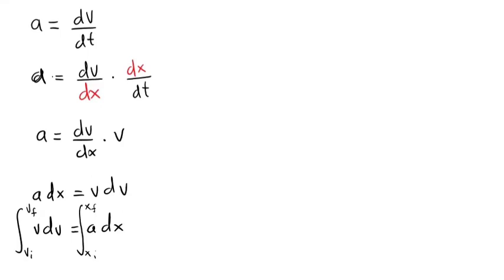So if I integrate what we have on the left hand side, integrating v gives us v squared over 2, with limits from initial velocity to final velocity. This is equals to, if I integrate what I have on the right hand side, it will just be ax, with limits from initial to final.